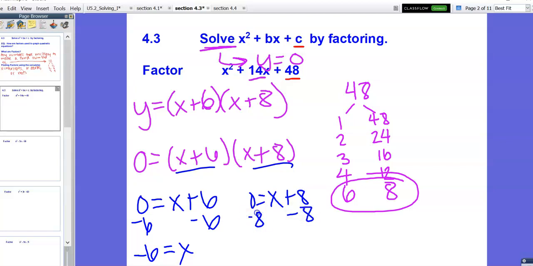Solve both equations for x, and we should get that x equals negative 6 or x equals negative 8.